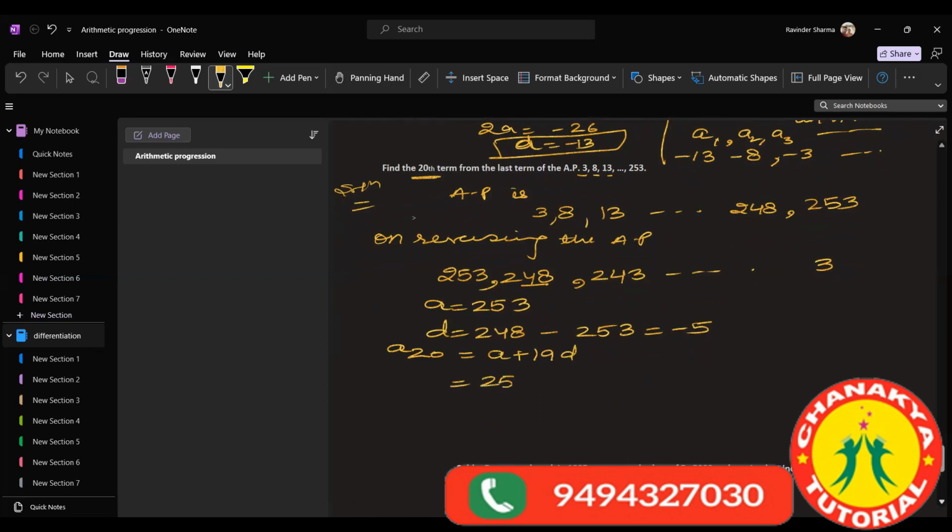So A is 253 plus 19D, D is minus 5. So 253 minus 19 fives, which are 95. So the 20th term will be 158. Right, beta? Yes, ma'am.